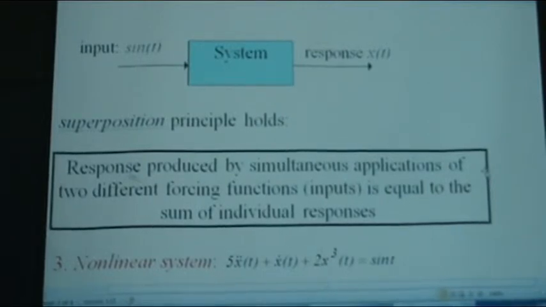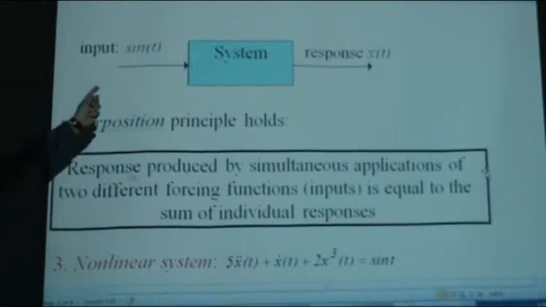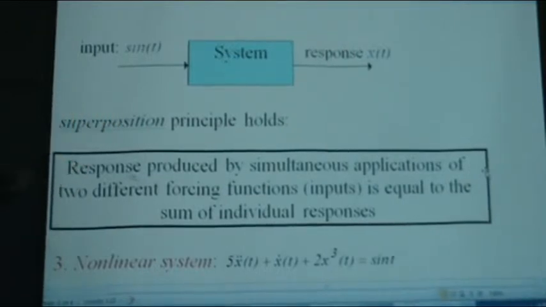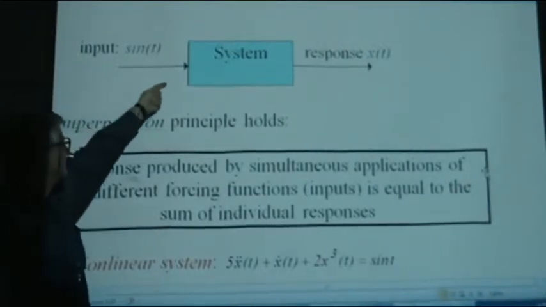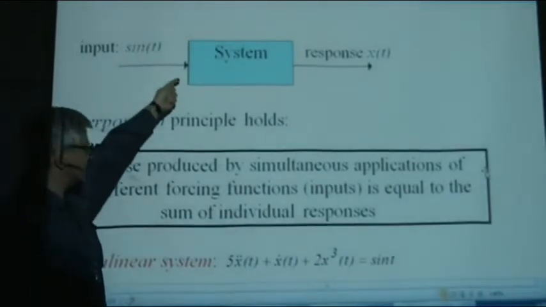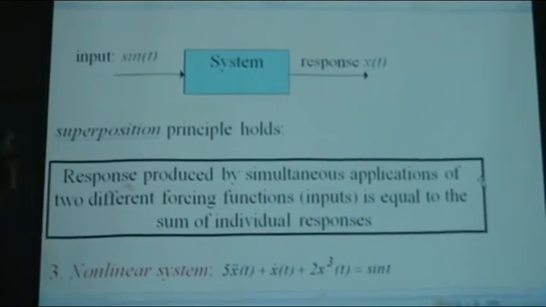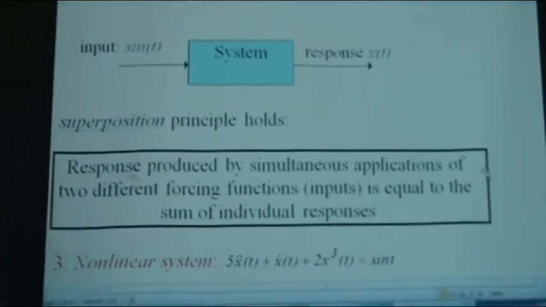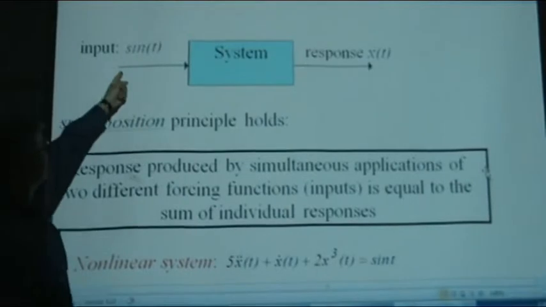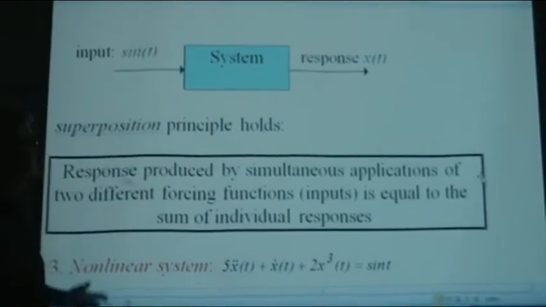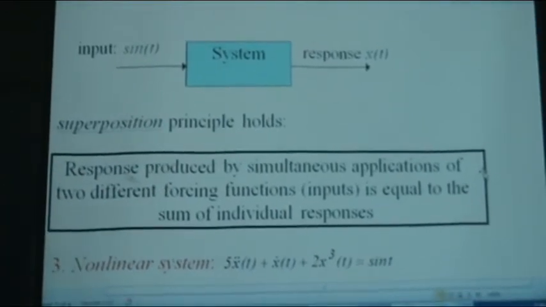Okay? A system can be visualized as a box with one function that drives or excites the system and the response of the system. So if the system is linear, if you double the input, so will the response, x of t.